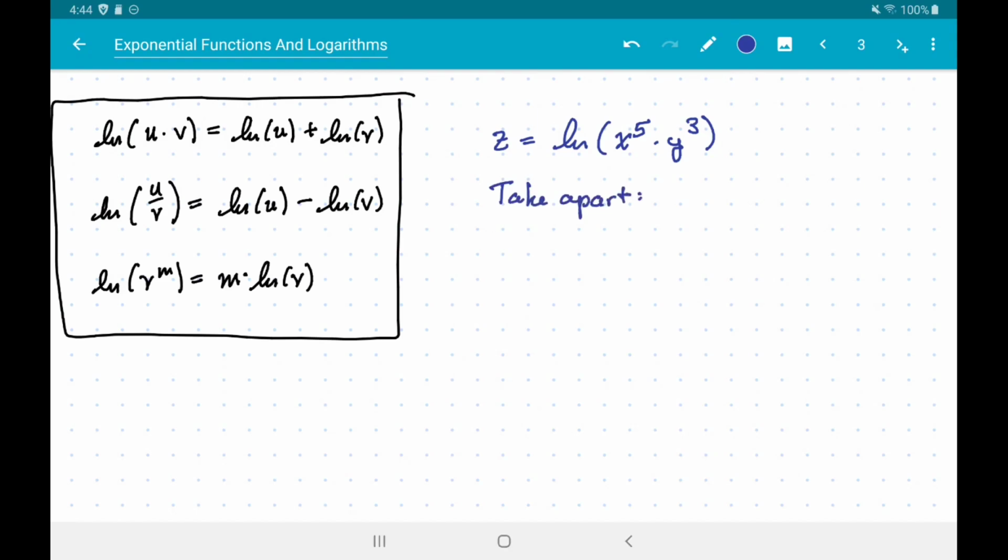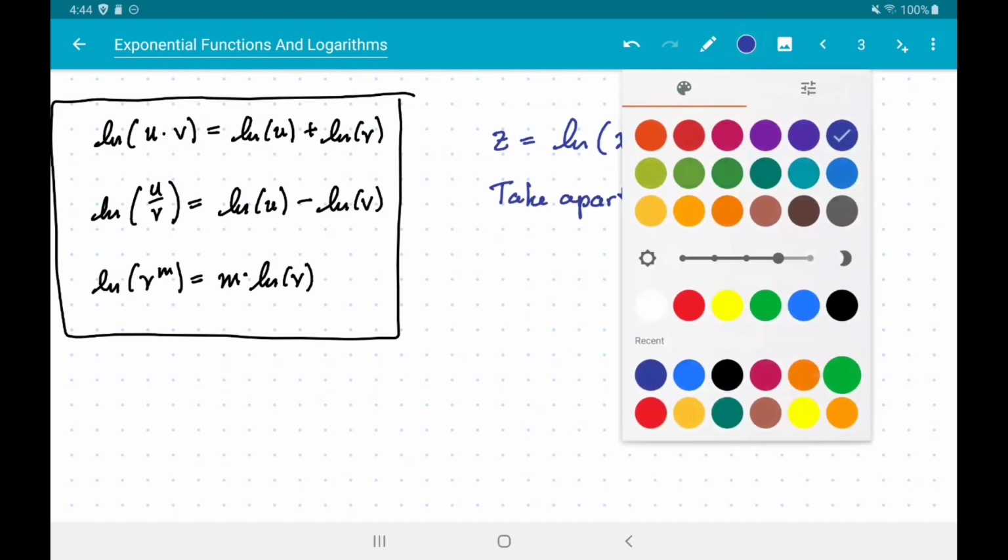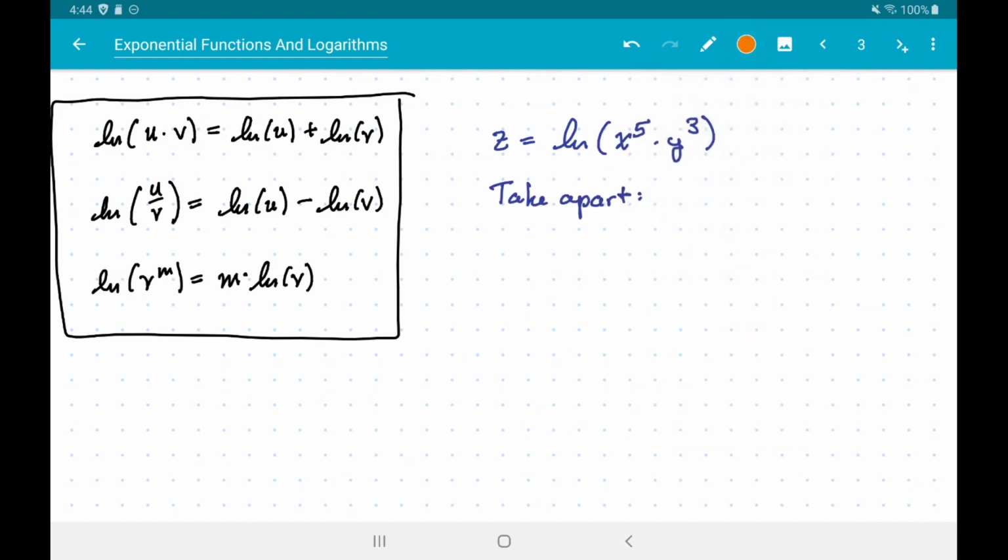First, looking at the order of operations, we work inside parentheses, so we do this much first, exponents happen, then multiplication and division, there's only multiplication. Now we've handled everything inside the parentheses. The last thing is the function ln applied to the thing in parentheses. Right?